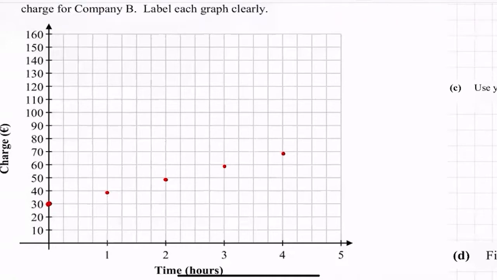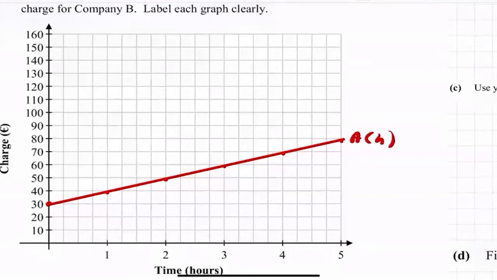And 5 is 77.5. Okay, and you do your best to join them together. Now, sorry, it's not bad, but it's ever so slightly off because I'm doing it on a screen. And really importantly, you label your graph. Okay, so that is A of h.